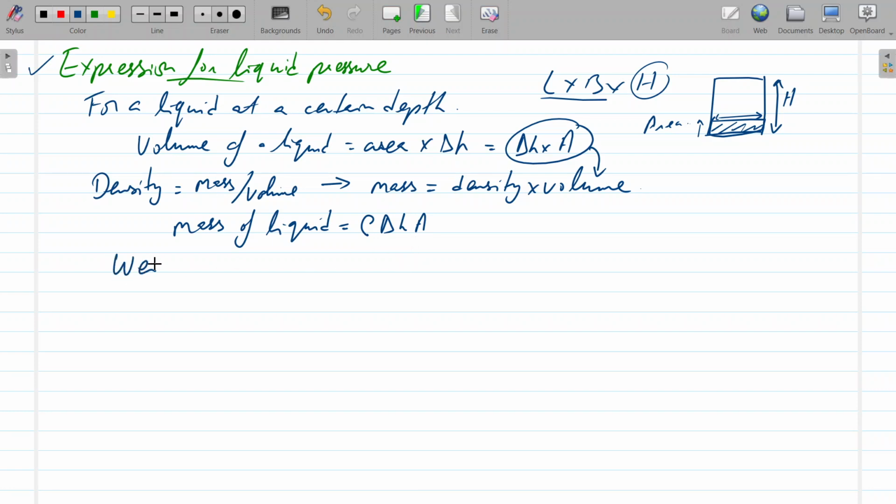What's the weight of the liquid? The weight of the liquid column is mass m, so m into g, mass times gravity, which means it becomes rho delta H A multiplied by g.